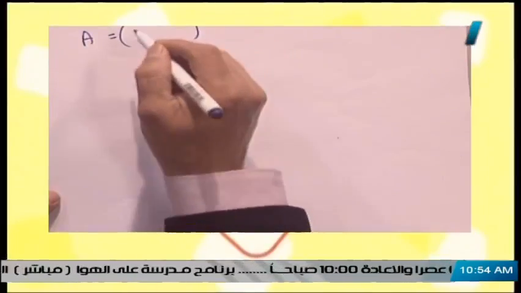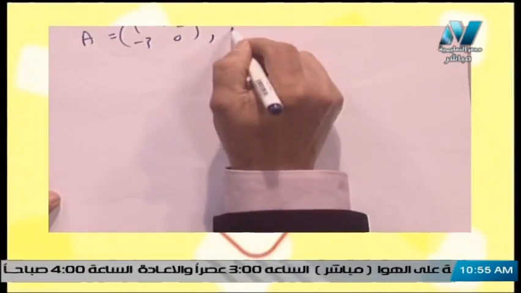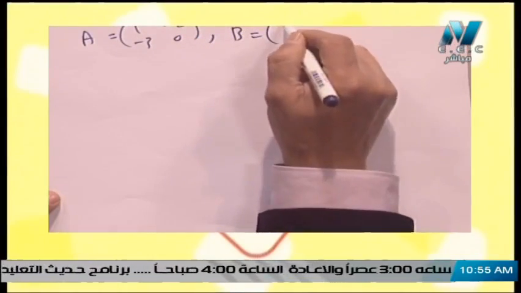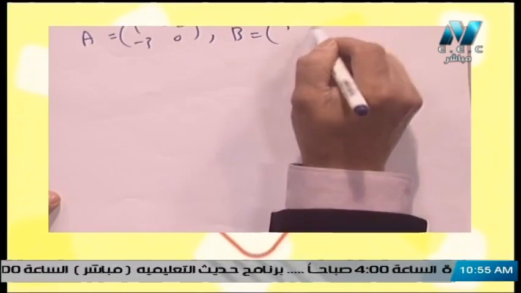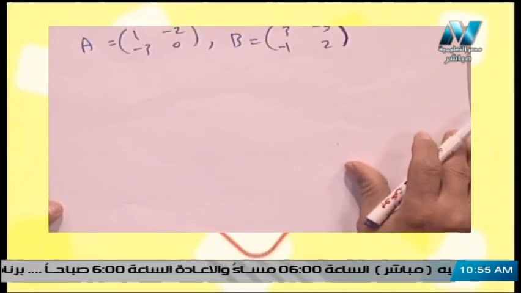And we have a question now to check the multiplying and distribution. Check if A here equals a matrix like that: 1, negative 2, negative 3 and 0, and we have B, another matrix: 3, negative 5, negative 1 and 2.